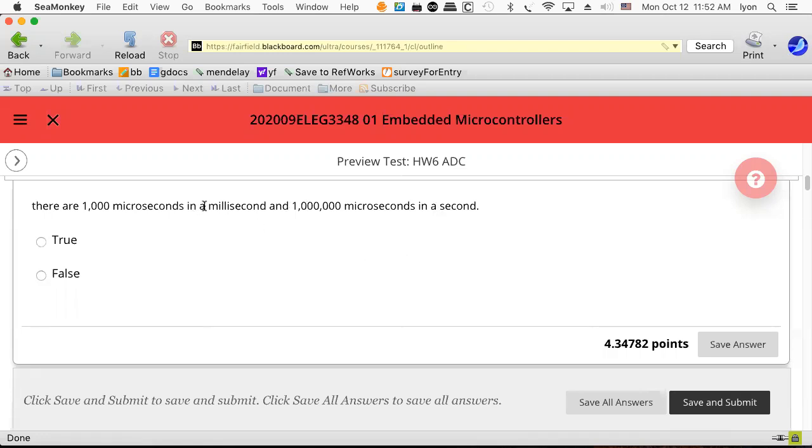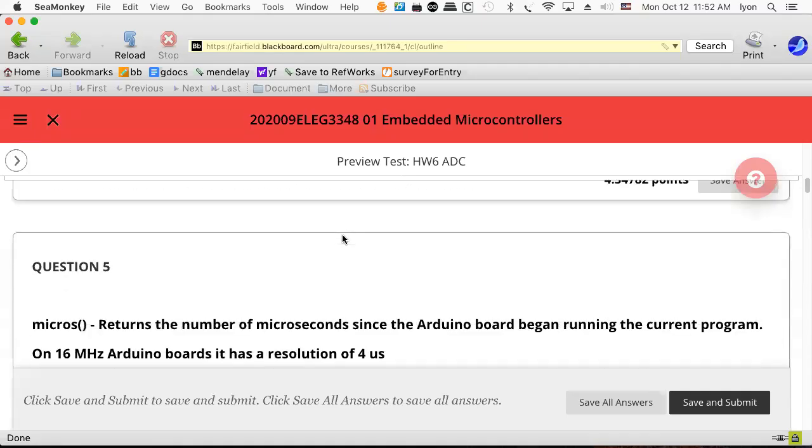And there's 1,000 milliseconds in a second, and so there's 1,000 microseconds in a millisecond. A millisecond is 3 orders of magnitude slower than a microsecond, and a microsecond is 6 orders of magnitude faster than a second. So, true.